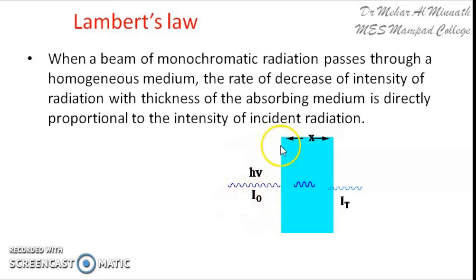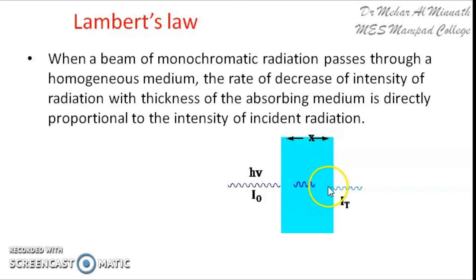That is, when you have a medium with a particular thickness, and the light is incident on the material, the incident light passes through the material and some amount of light is transmitted out. Meanwhile, some amount of light will be absorbed.